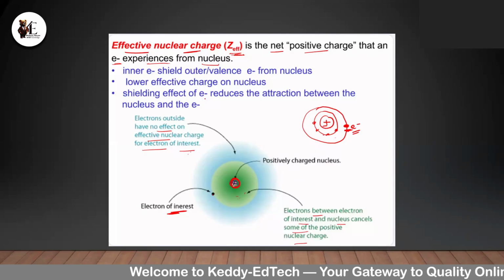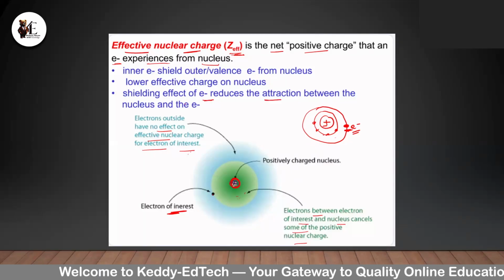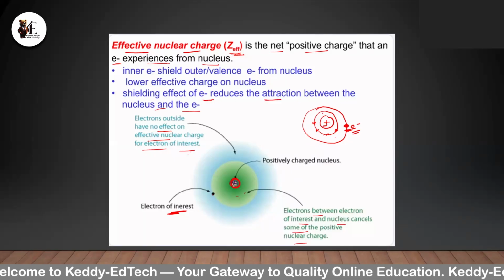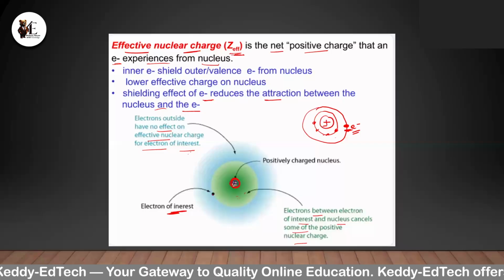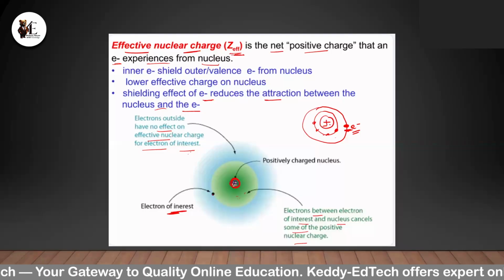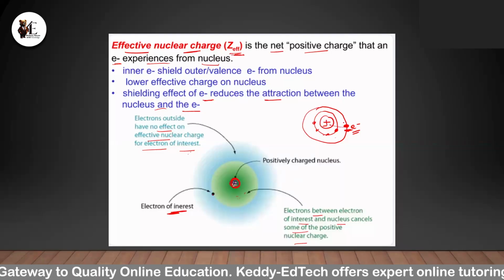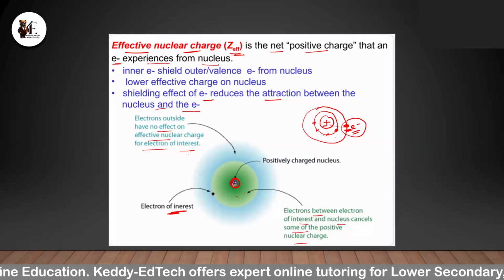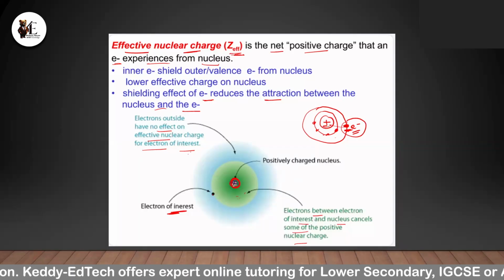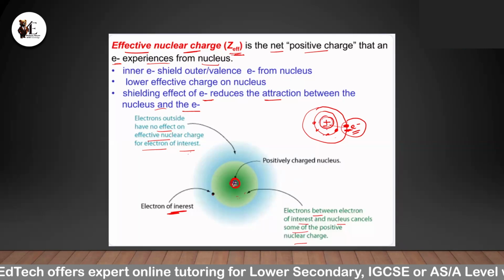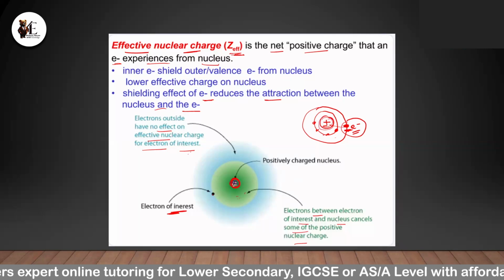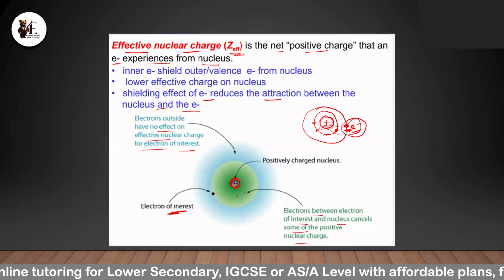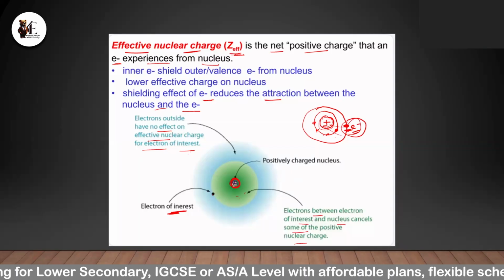The shielding effect of electrons reduces the attraction between the nucleus and the electron. They act as a shield. They shield the charge of the nucleus from reaching this outermost electron. So what is effective nuclear charge? The overall positive charge of the nucleus which is reaching this electron of interest is called the effective nuclear charge.